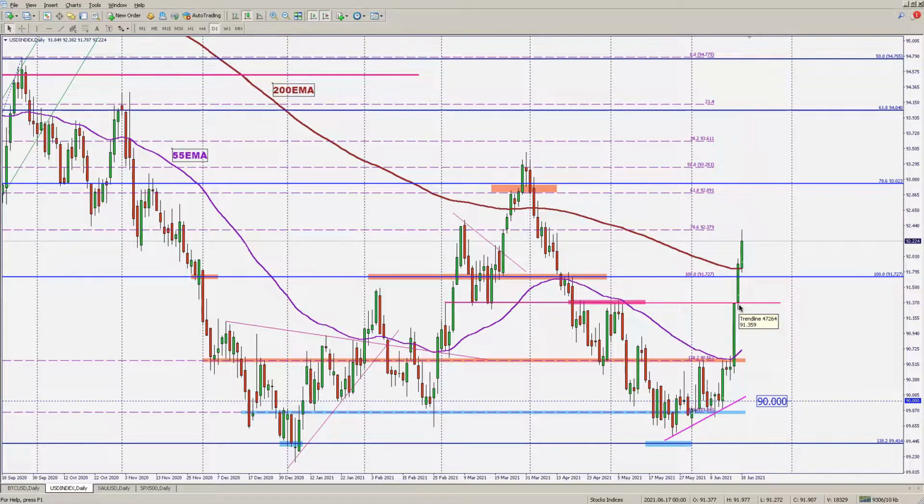And then the follow-through on Thursday, right past the daily 200 EMA, and then the follow-through on Friday up to the 78.6 retracement level of a short-term fib. So I think we can also update the fibs here.